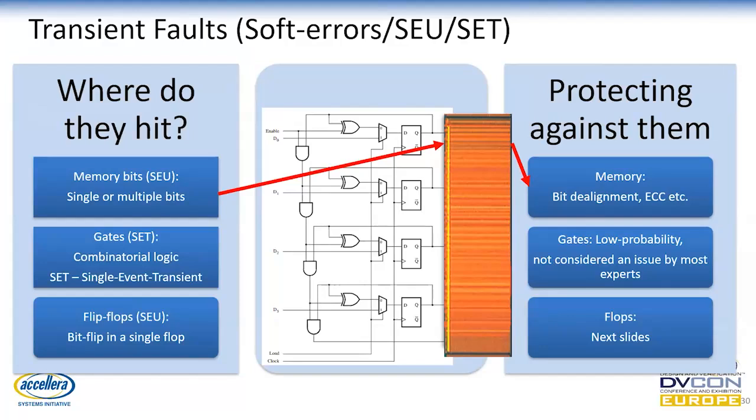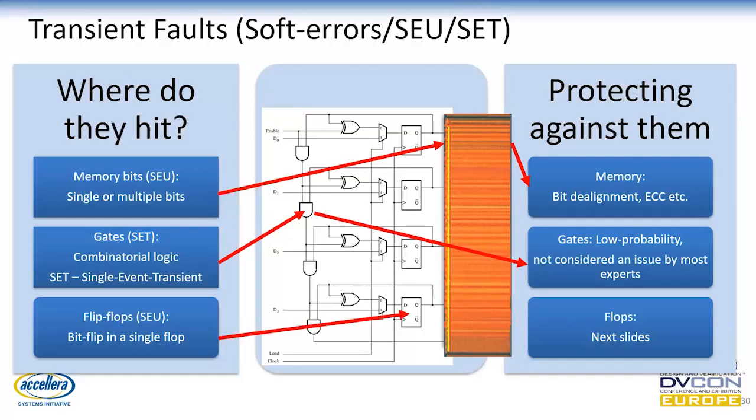It can occur at a gate and get latched, but for an exact glitch to occur at the right point in time to be latched and damage the downstream logic, the occurrence is very low probability and may not be considered by many experts. So SET, single event transient, can be neglected, or it might end up as an SEU as well.